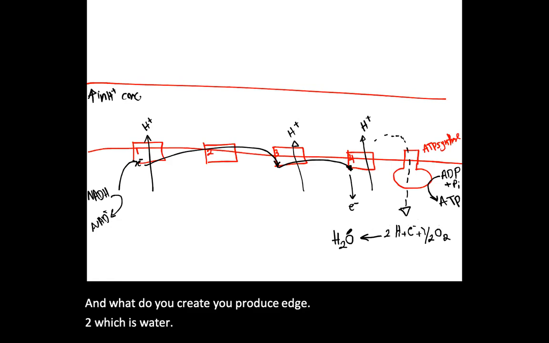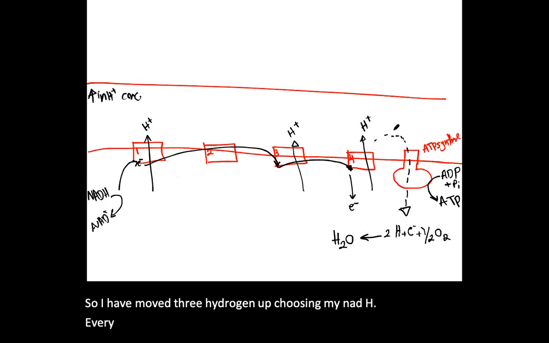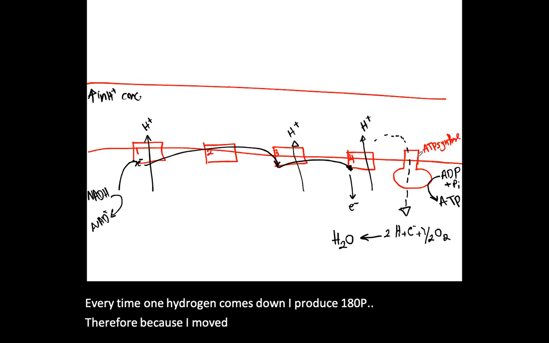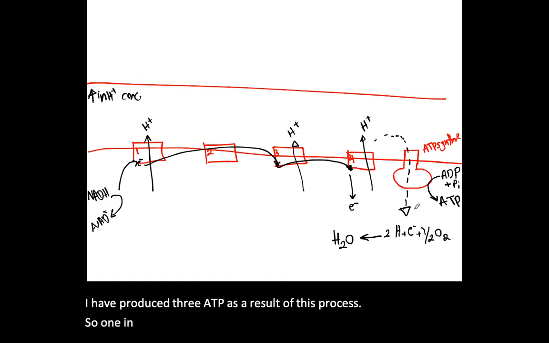So I have moved 3 hydrogen up, choosing my NADH. Every time 1 hydrogen comes down, I produce 1 ATP. Therefore, because I moved 3 hydrogen, I have produced 3 ATP as a result of this process. So 1 NADH was able to produce 3 ATP for me.